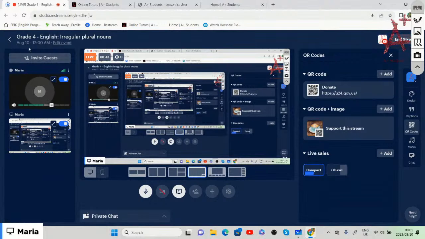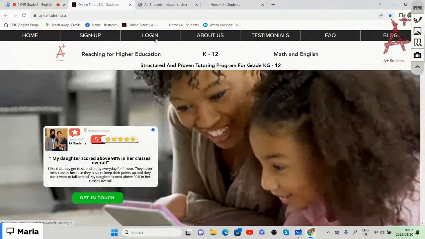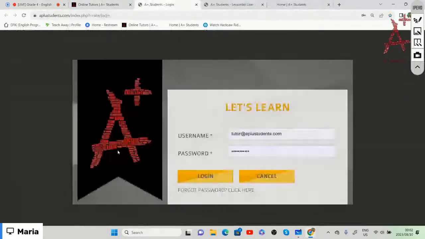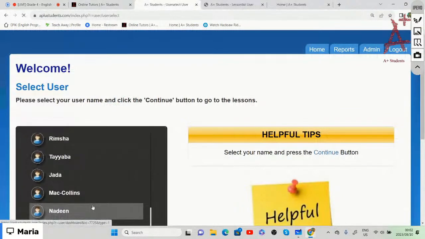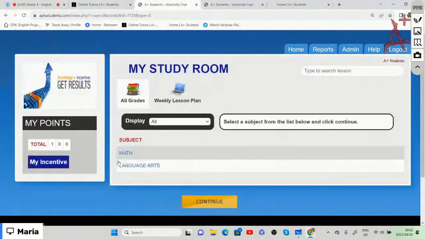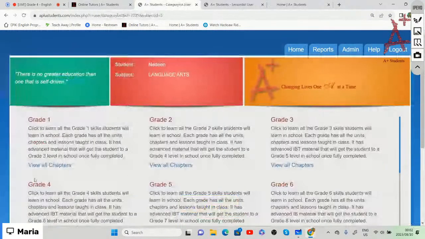And before we start with irregular plural nouns, we are going to log into aplusstudents.ca with your username as well as with your password. And then we are going to select the subject of language arts, and then we choose grade 4.